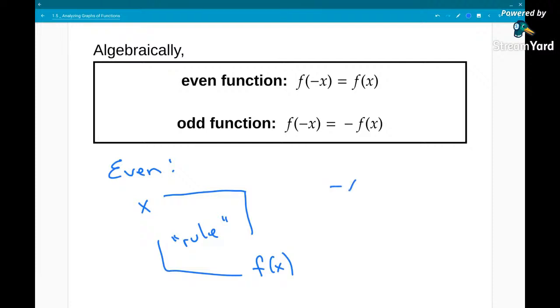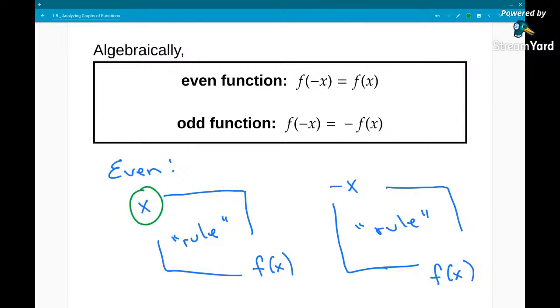We take negative x, so whatever we do here, we take its opposite, we put it through the same rule, and we get the same exact output. That's interesting. I put in two different things. This might be 3. This could be negative 3. But I'm outputting 7 both times. That's what it means to be even.